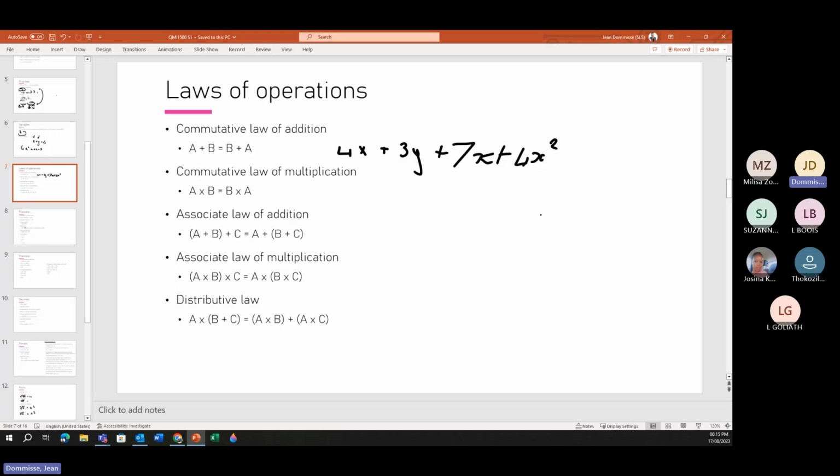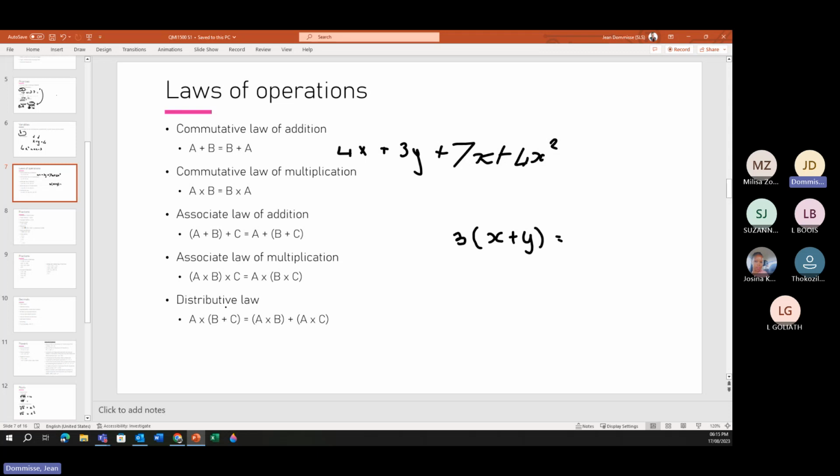The same if we are working with brackets. If we later on get to an equation like this, we need to know how to solve that.